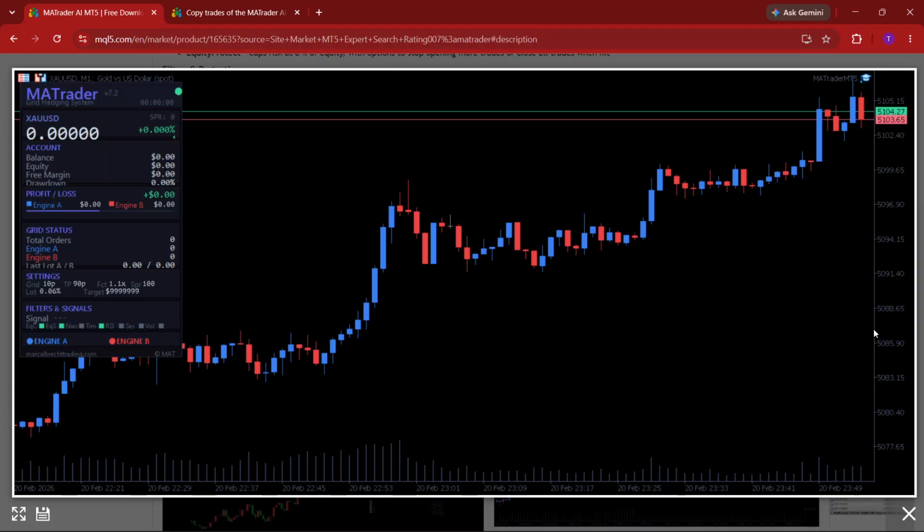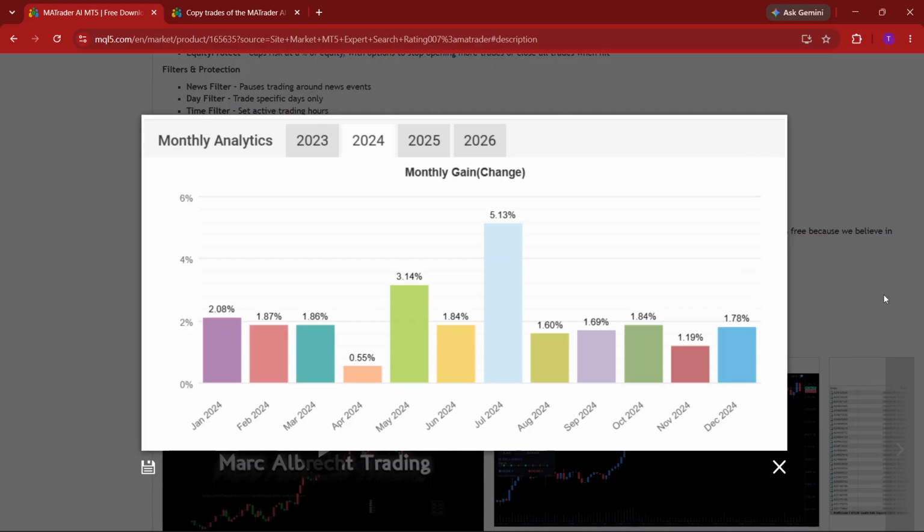The grid and recovery logic can keep most trades green until a deeper correction or volatility spike arrives, and that's when the equity takes the real hit. And these results are based purely on historical performance, so past numbers don't guarantee future ones, especially with different spreads, slippage, or market conditions. Honestly, this is a classic long bias grid recovery system on gold.